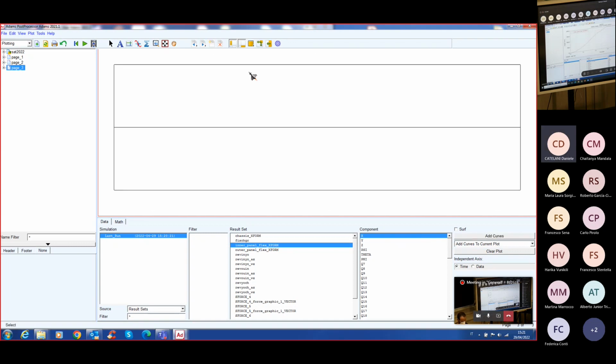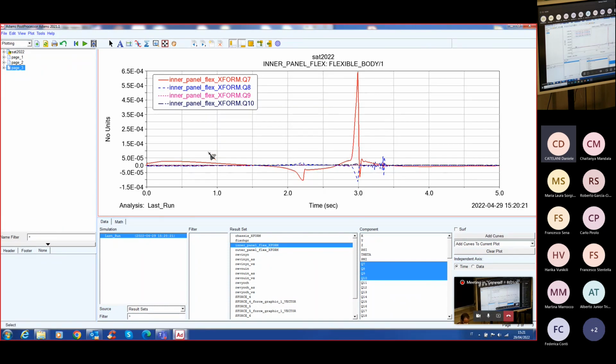But you can also plot the modal contribution of every mode to the deformation of the body. And you can appreciate that we have 22 modes, for example. We have the possibility to visualize which is the mode which has the bigger contribution to the deformation.